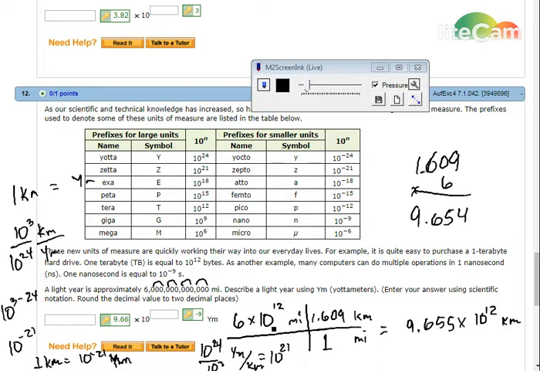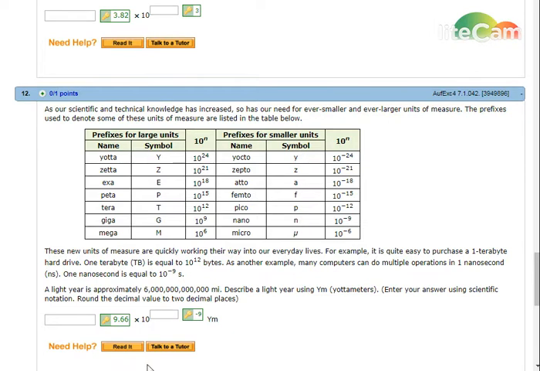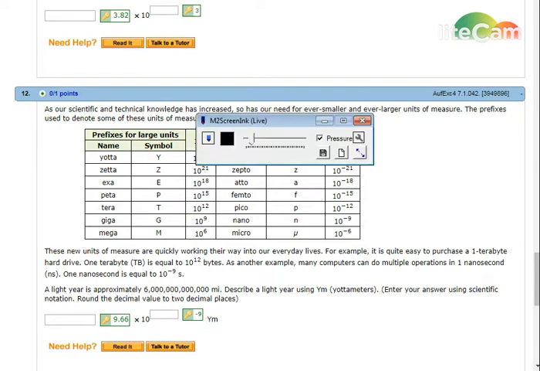So it's 9.654 times 10 to the 12th. Now remember that number, 9.654 times 10 to the 12th, and we're in kilometers.